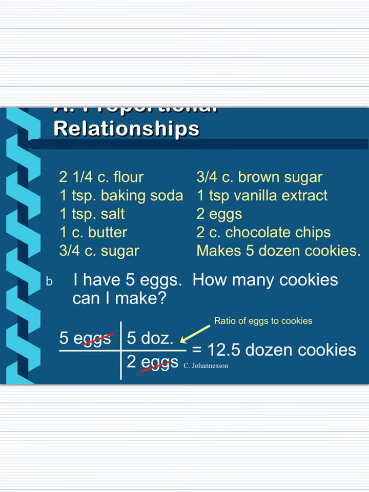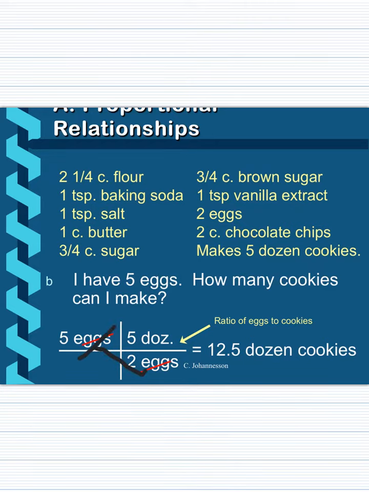I know that if I have 5 eggs. And in the problem, according to my recipe, I need 2 eggs to make 5 dozen. Do you see that? And so I'm going to use the catty corner. You're going to go from here to here, okay?